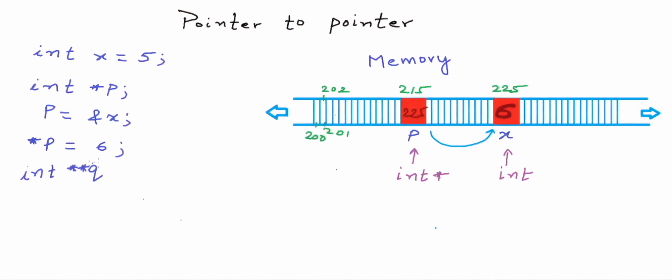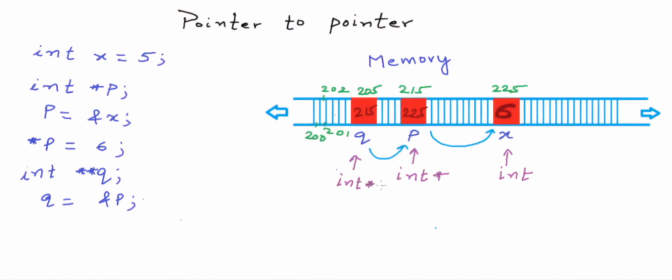We will put 2 asterisks in front of the variable name, and now this variable q can store the address of p. So with this int asterisk asterisk q, we created q. Let's say we created q at 205, and now we are saying that q will store the address of p. So q points to p, and the type of q is int asterisk asterisk.